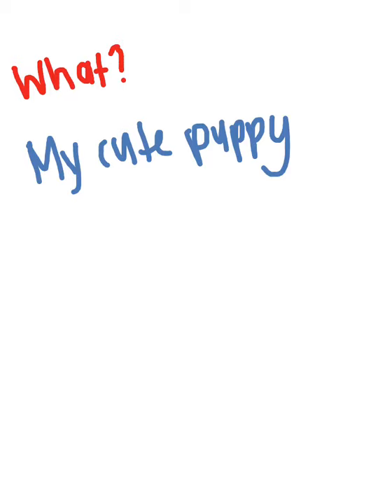My cute puppy curls up on the rug, which she actually does. She likes to curl up on the rug. Okay, so that answers the question of what that cute puppy is doing. Well, it's curled up on the rug.